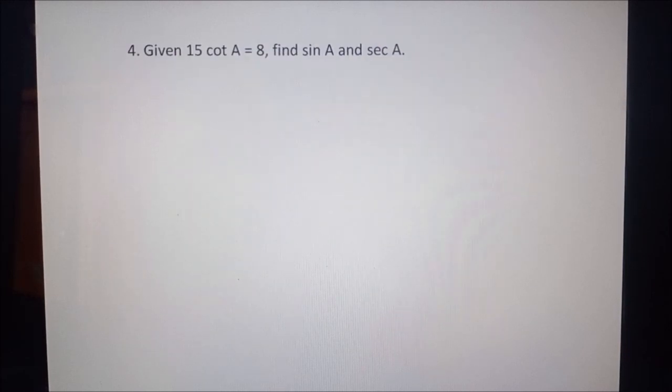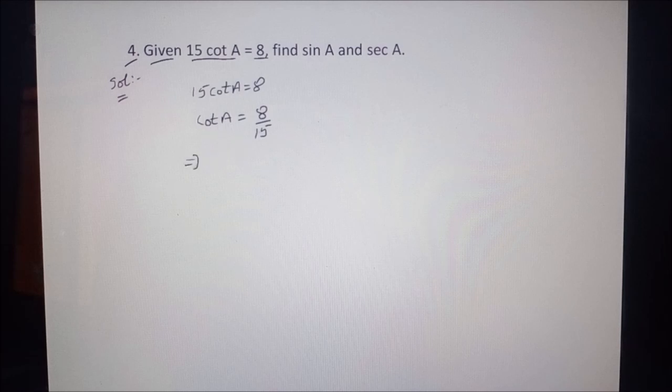Now next question, fourth question. Let us solve it. We are given 15 cot A is equal to 8. So from here cot A is equal to 8 by 15.